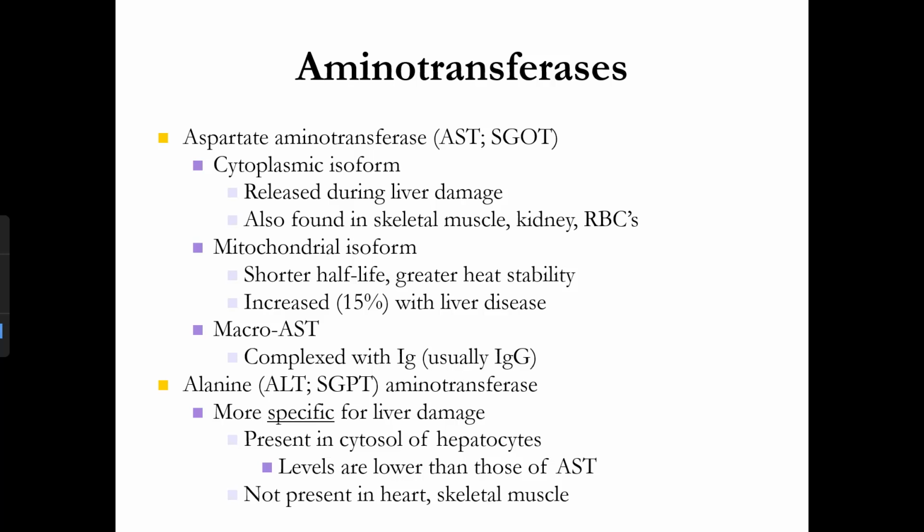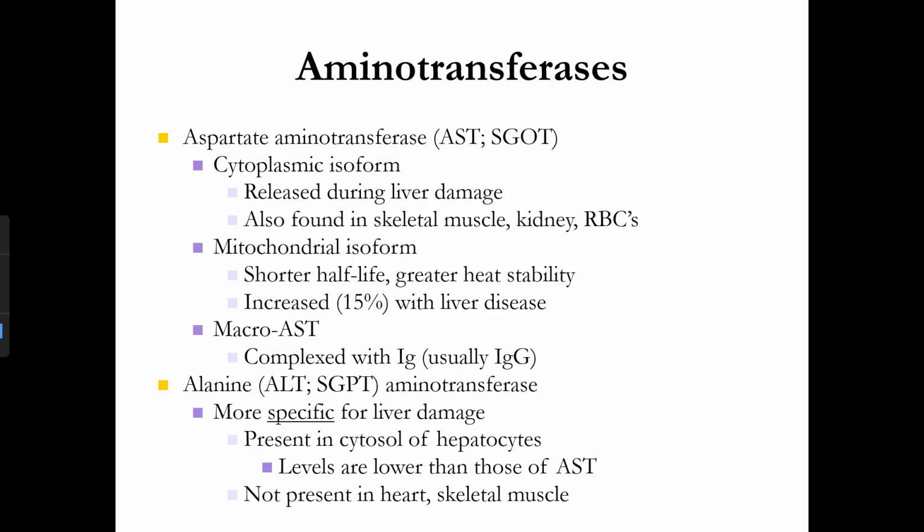So a little bit more general, and increases can be seen in different types of disorders that are not related to liver damage. Mitochondrial isoform is shorter half-life, greater heat stability, and it's increased 15% with liver disease. Macro AST is complexed with Ig, usually IgG, so immunoglobulin G, which is a pretty common and abundant antibody type that's floating around in your bloodstream.